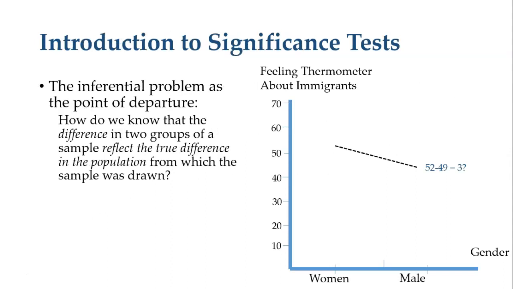So the point of departure, as I said, is the inferential problem. For instance, remember this example from previous lectures. We had this hypothesis that women had a mean feeling thermometer higher than men in terms of immigrants, right? And we estimated this hypothetical example and said, okay, the difference is of just 3 percentile points.